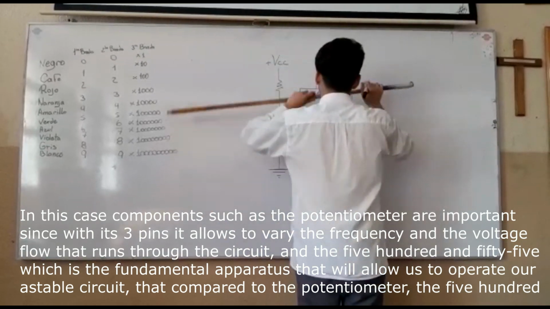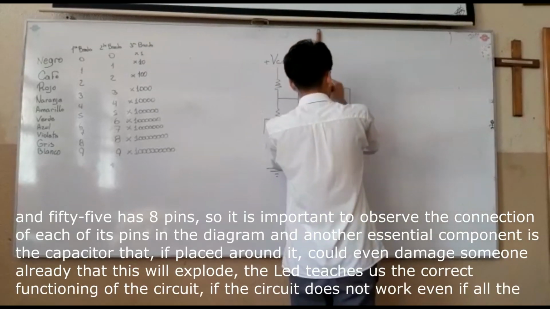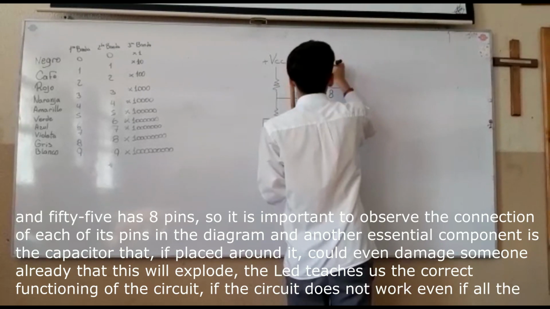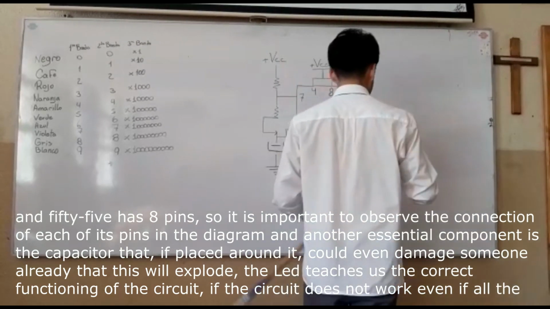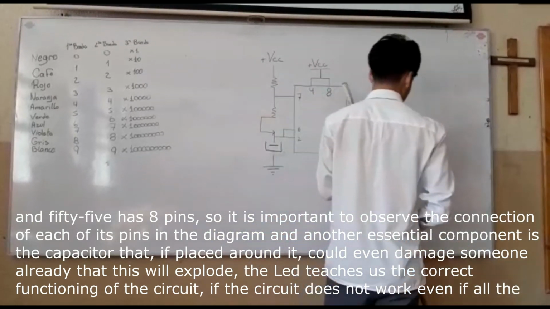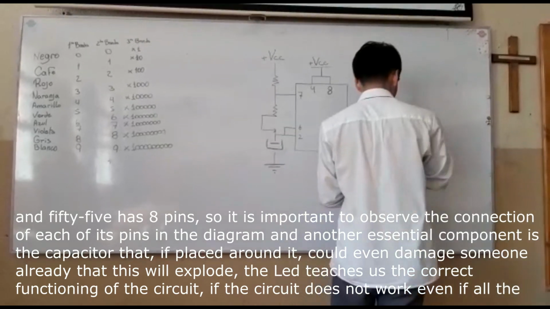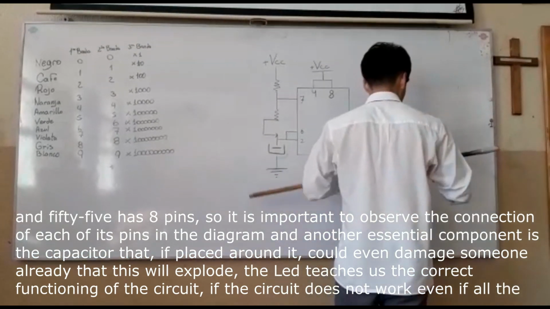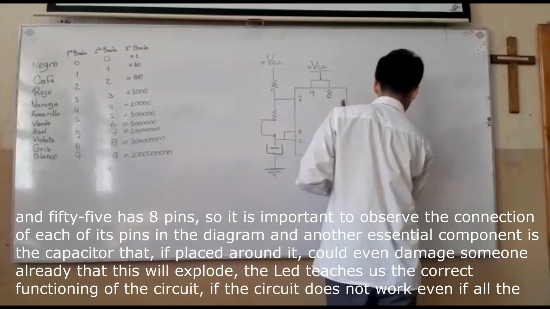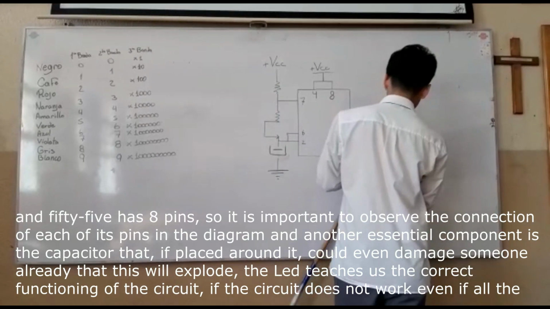Compared to the potentiometer, the 555 has 8 pins, so it is important to observe the connection of each of its pins in the diagram. Another essential component is the capacitor, which, if placed incorrectly, could even damage someone, that is, it will explode. The LED shows us the correct functioning of the circuit.